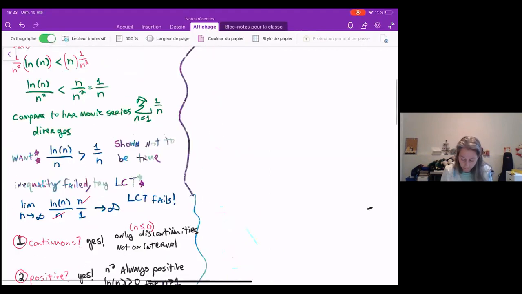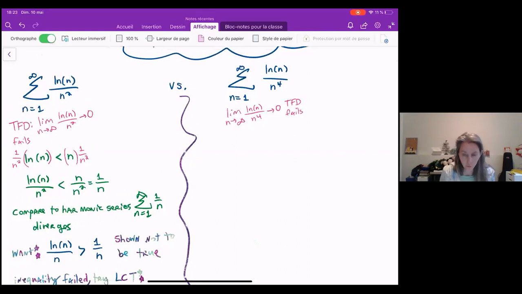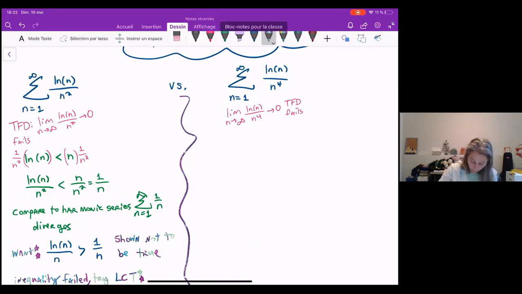And let's think about the comparison test that we tried to do over for this one. That comparison test will actually work here. So we have ln n is less than n, which means that if I multiply this by 1 over n to the 4th, I get that ln n over n to the 4th is less than n over n to the 4th, which is equal to 1 over n cubed.